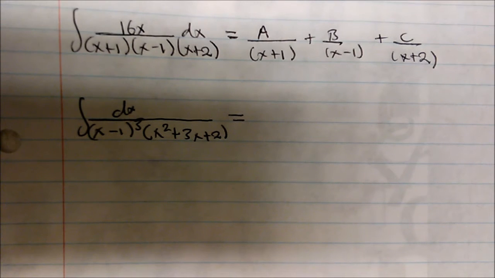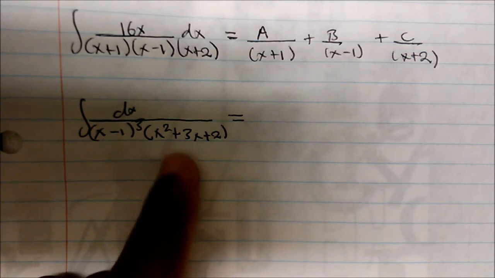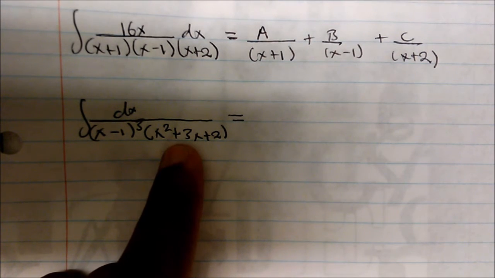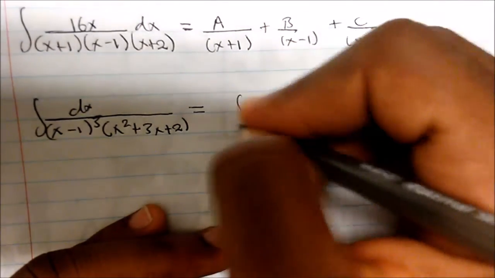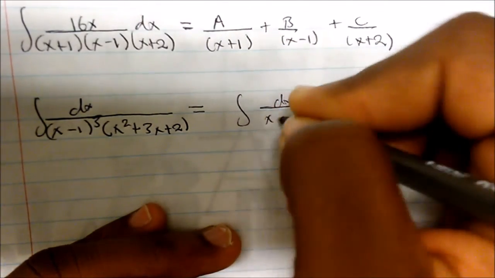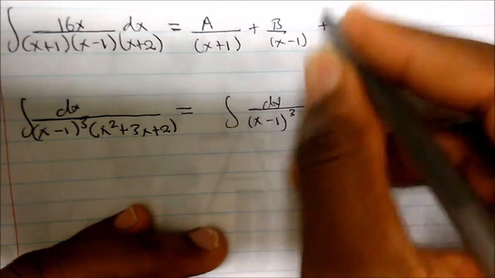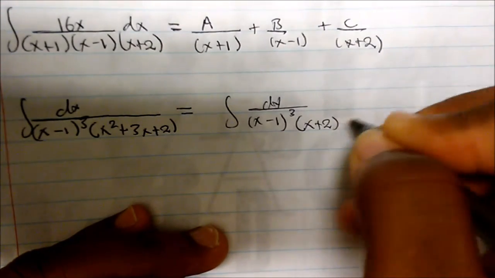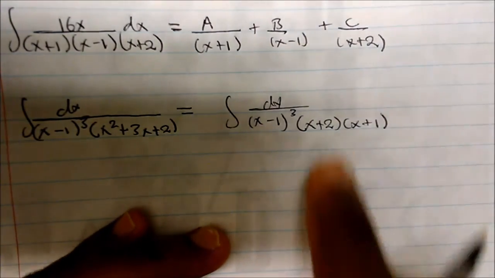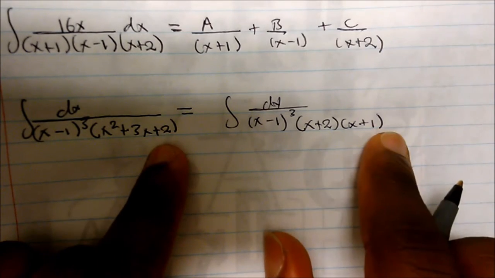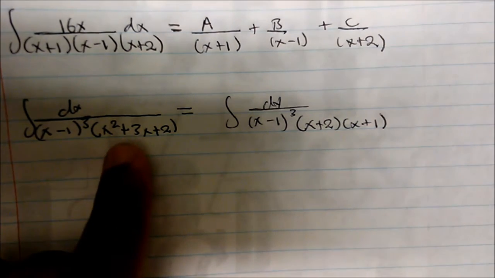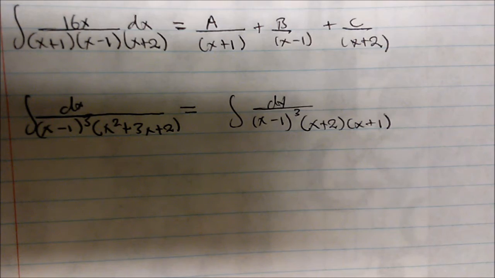And it looks as if the factors of this are x plus 1 and x plus 2. So I could rewrite this as dx over x minus 1 cubed times x plus 2, x plus 1. Again, 2 times 1 is 2, 2 plus 1 is 3. So always look to see if the denominator is factorable.